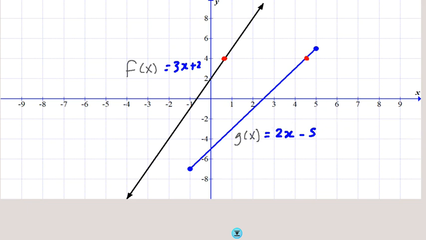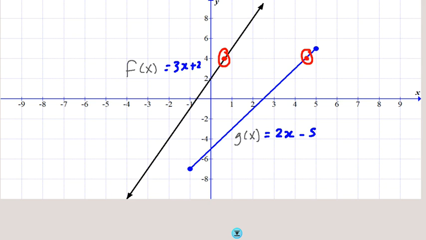So when I say that when g of x is 4, then I know that I'm talking about this particular point. And when I say that when f of x is 4, then I'm talking about this one. So giving functions a name reduces ambiguity, especially when you're dealing with more than one function.